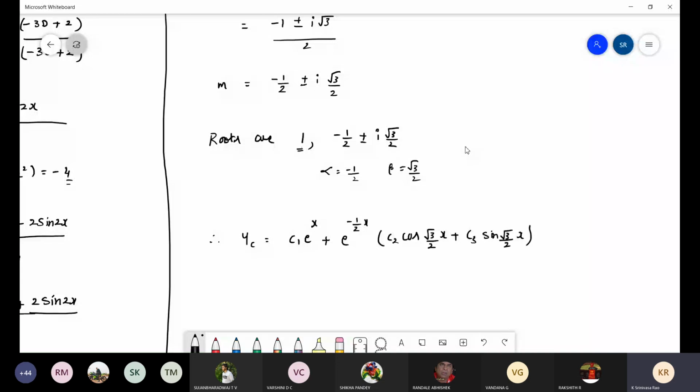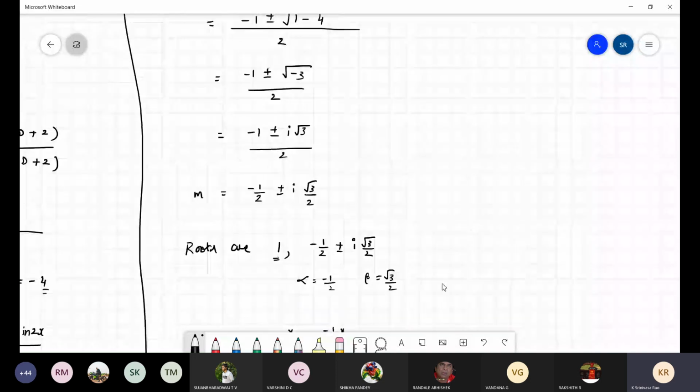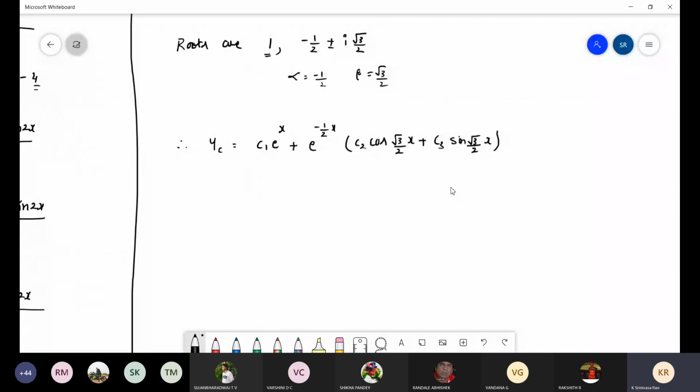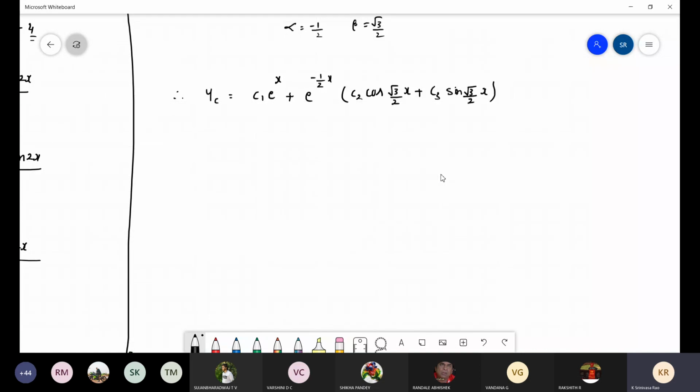That's it. This is the first part. Now see, calculating the roots itself is a little bit complicated. In this case, 3 marks we can award for yc and 3 marks for yp, because calculating roots, you will face the difficulty.